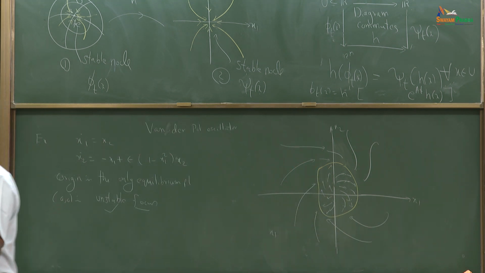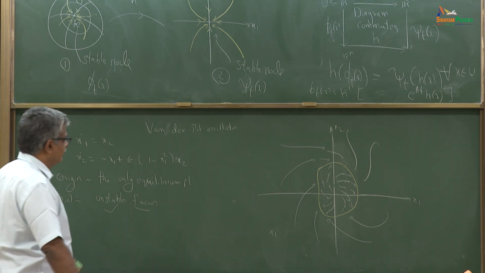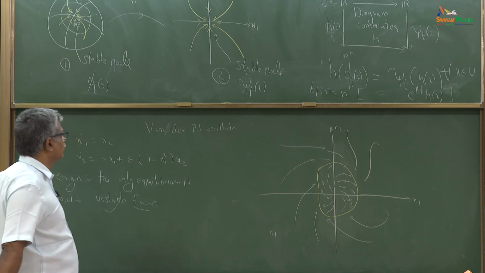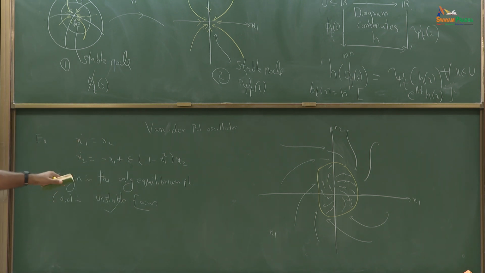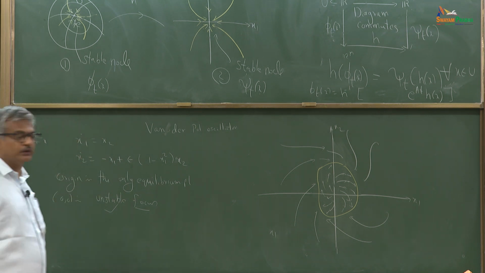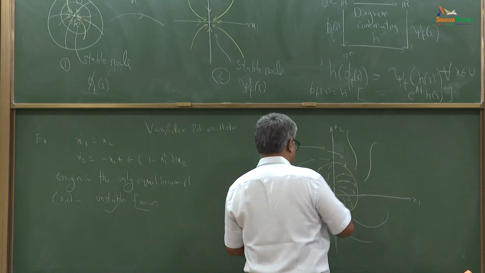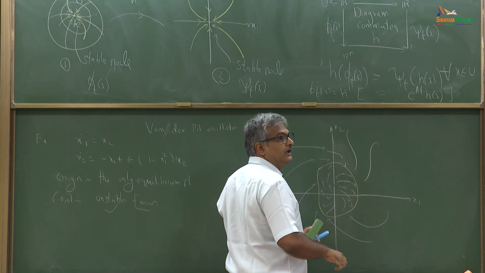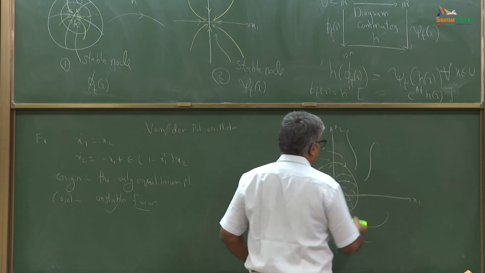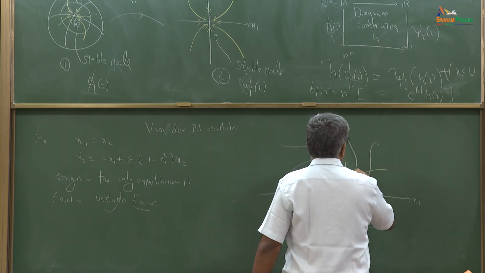They will never hit it in finite time. They will all be approaching it, right? So this is a very famous example, called the van der Pol oscillator, and it exhibits a limit cycle. Okay, so please don't forget to mark the orientation. If you don't mark the orientation, it's an equilibrium set, right? So this is a limit cycle.